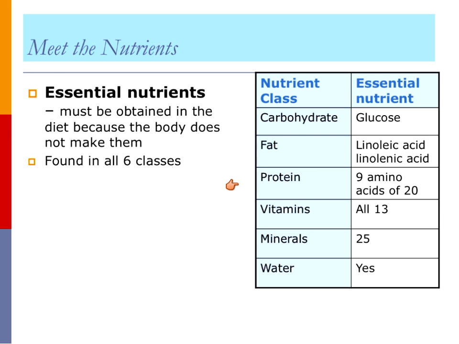There are 9 amino acids that are important of the 20, that we cannot make, 13 vitamins, 25 minerals, and of course water. And one of the concepts that students have the most difficulty with is understanding that essential means you have to eat them. We cannot make them inside of our body. So that makes it an essential nutrient.